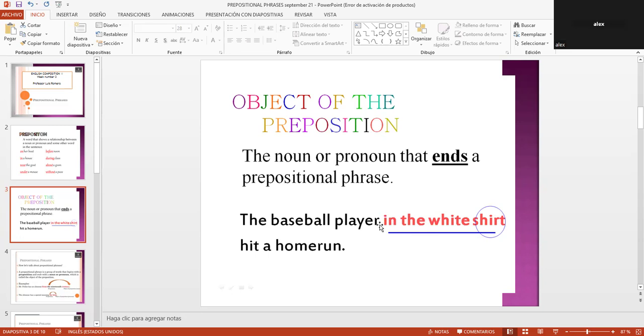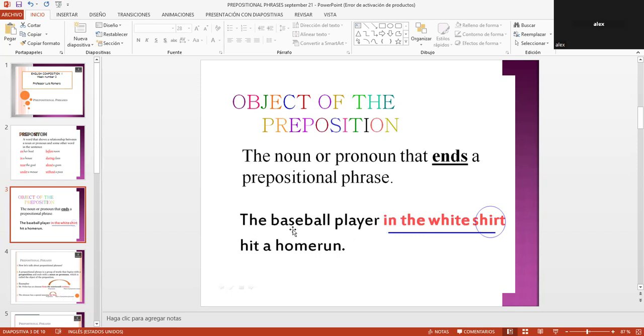The first element, as I was telling you before, is the preposition and then the noun. You would ask, well, what about white? It could be part of the prepositional phrase because it is describing the shirt. But the important thing here is that you have the preposition, in this case, in, and of course, you have a noun, which is shirt. So if you have these two elements, then you could say, I have a prepositional phrase in this sentence.